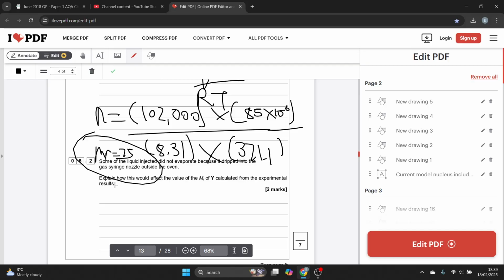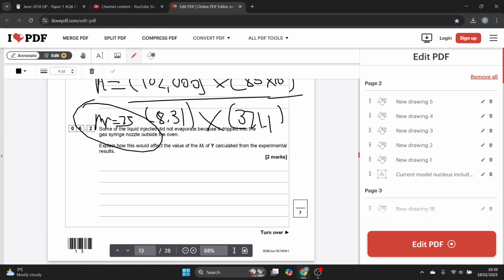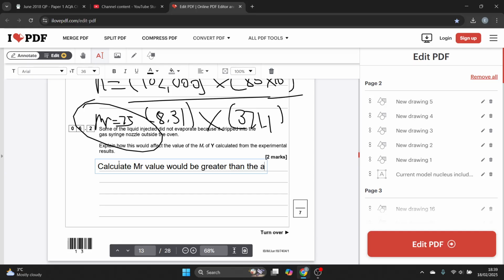Some of the liquid injected did not evaporate because it dripped into the gas syringe nozzle outside the oven. Explain how this would affect the value of MR of Y. The calculated MR value would be greater than the actual MR as a lower volume was recorded.